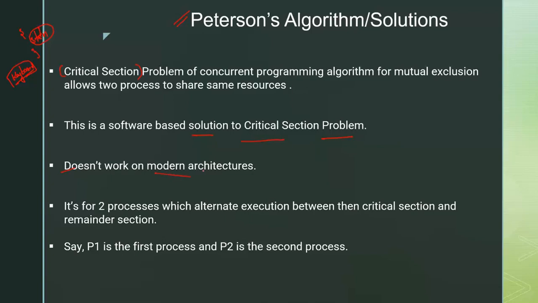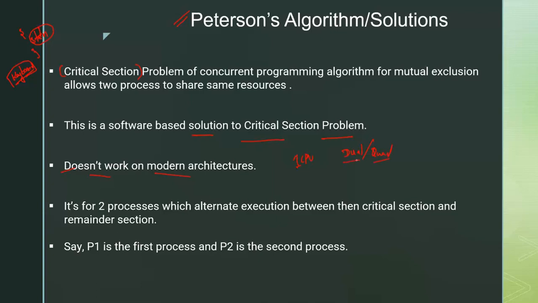Whatever architecture you're using now, you are not going to use Peterson's solution there, because it was used where we had only one CPU, or processors with only one CPU, as we have discussed. A processor can have more than one CPU. We consider it as dual core, quad core, and octa core.